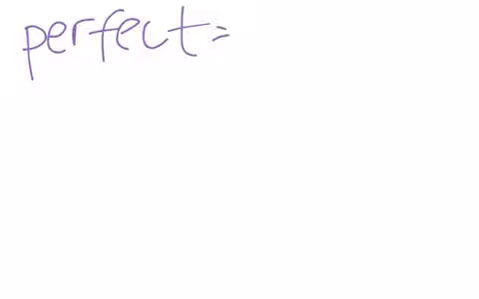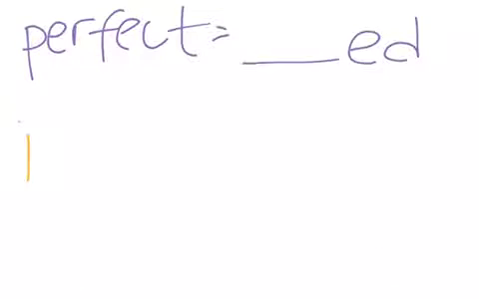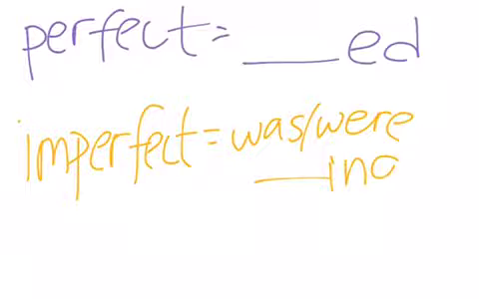So the active perfect tense translates as verbed. Okay, this one here, loquebatur, that is imperfect. That's going to translate as was or were verbing. Okay, so I want you to try numbers 1 through 10 on page 5. And we're going to check over these tomorrow.